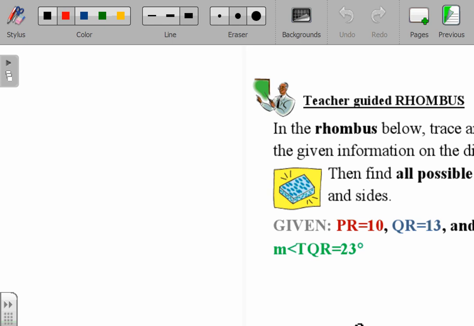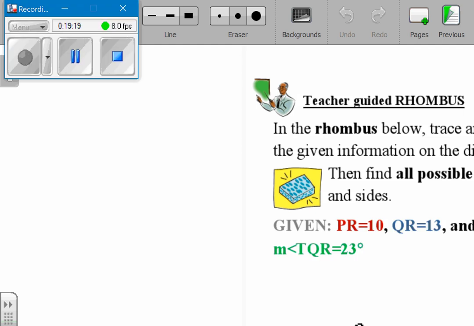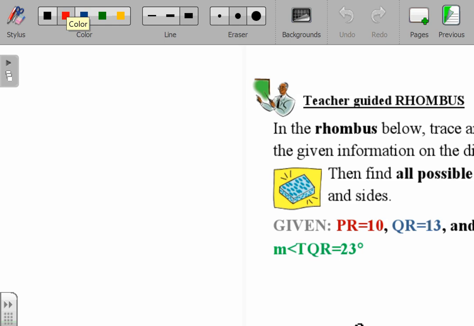I'd like you to pause the video and do as much of this one as you can on your own. All right, take a look. Let's see how far you got here. We are told that PR is 10. So I'm going to automatically break that down to 5 and 5 because I know that's bisected.